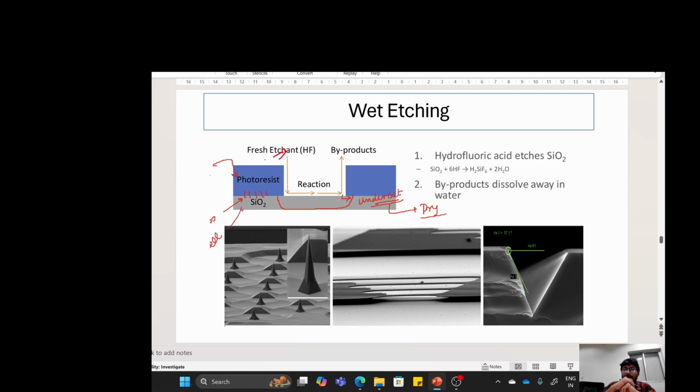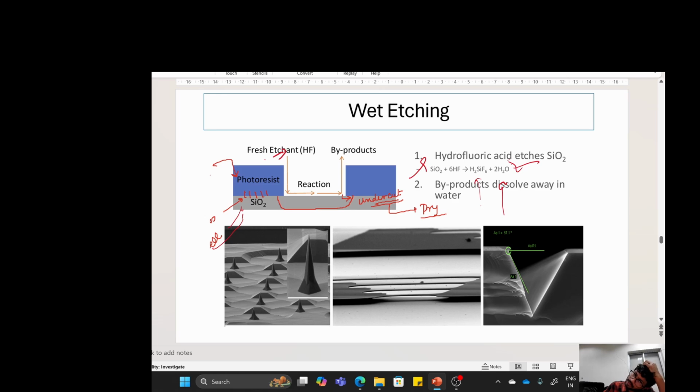HF converts it into a soluble product, H2SiF6, with H2O as a byproduct. If you want to etch silicon, you first need to convert that silicon into SiO2, and that SiO2 will get removed with the HF.